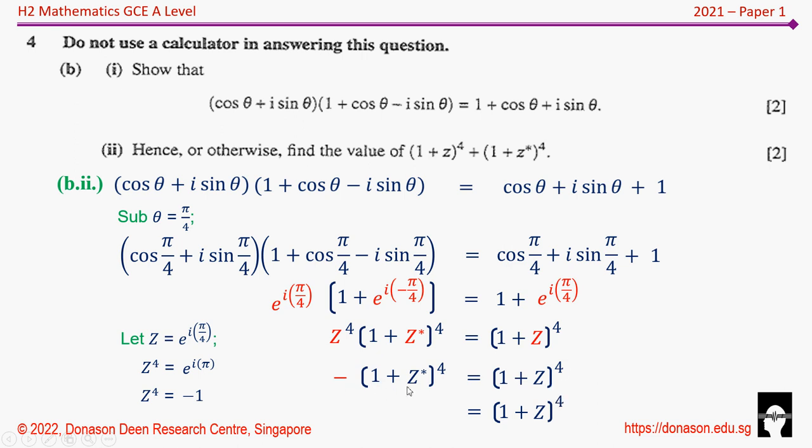This part is minus, so if I throw it over to the other side, it's going to become 1 plus z bar to the power of 4, or conjugate of z to the power of 4. And since I have already brought it over, the left hand side would simply become 0. So this is the value of 1 plus z to the power of 4 plus 1 plus conjugate of z to the power of 4. When you have done that, you would have gotten another 2 marks.